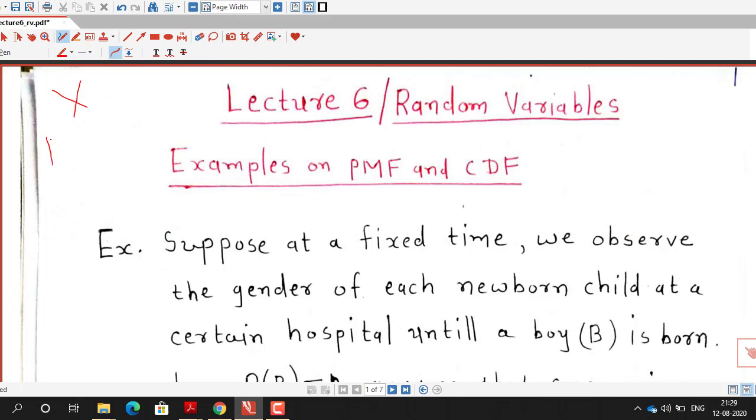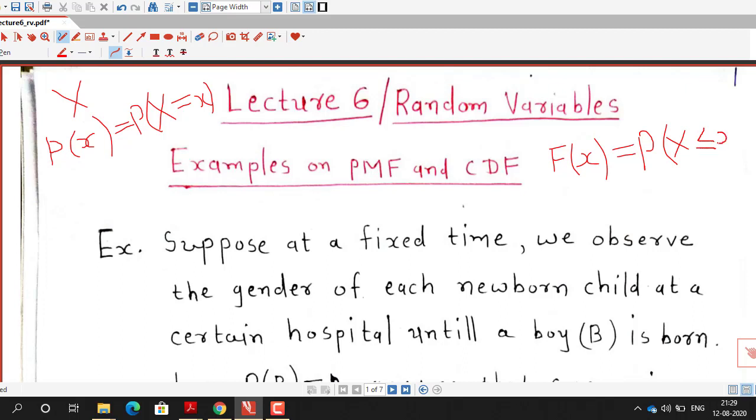Then PMF of X is defined as p of x equal to the probability that capital X takes the value small x, and CDF is defined as F of x equal to the probability that the observed value of capital X is at most small x, and this is defined for all real numbers.